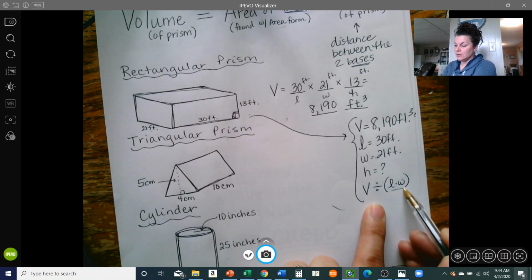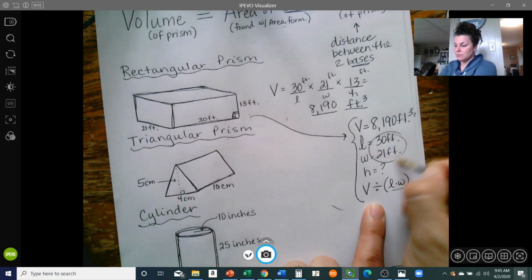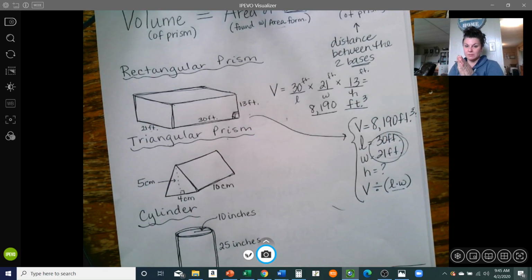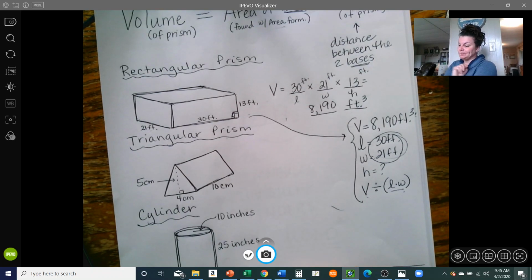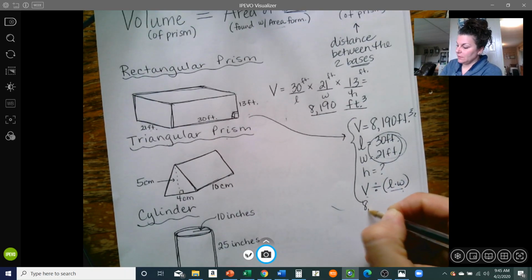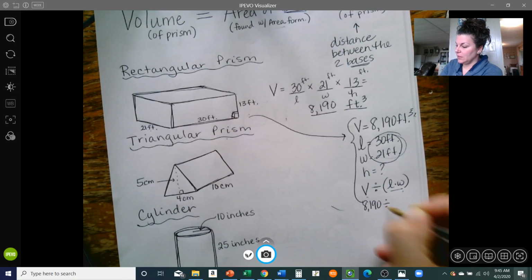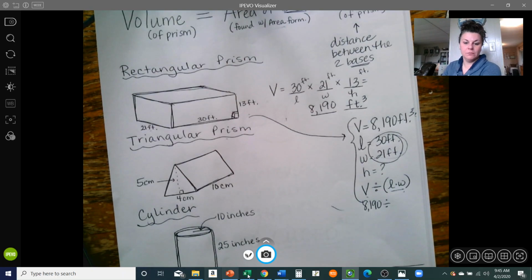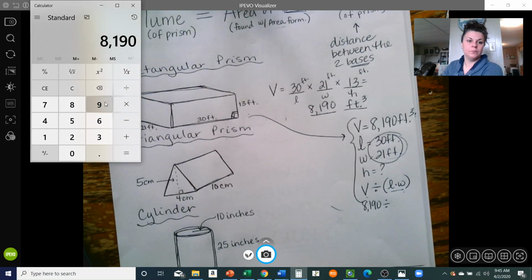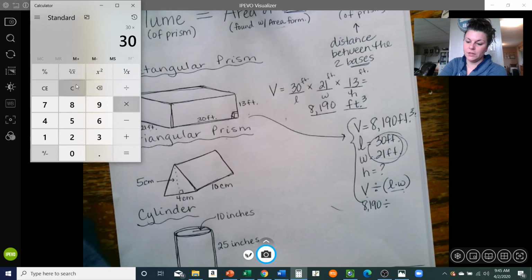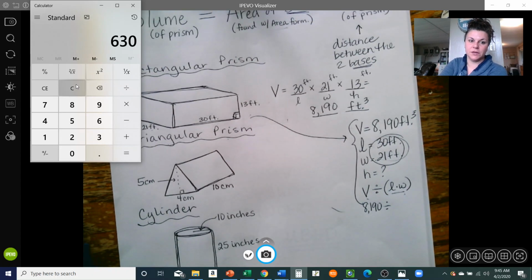So if you take the length times the width, take the two small numbers you know, multiply them together, and you're going to divide, do the volume divided by that. So you would do 8,190 divided by, I'll clear this, let's multiply those, 30 times 21 is 630.